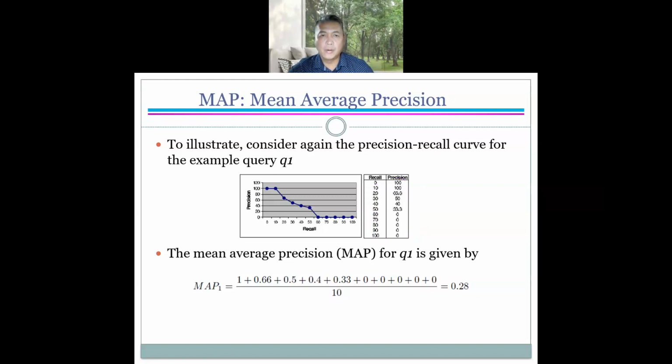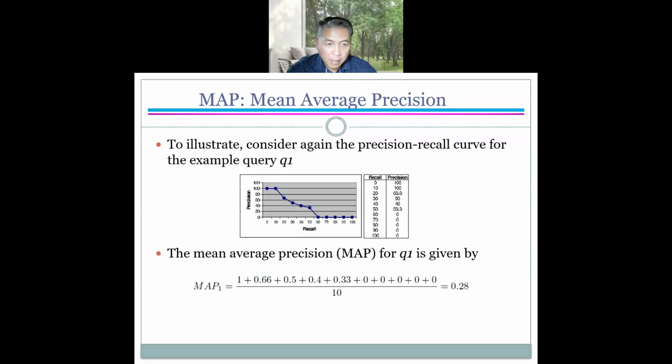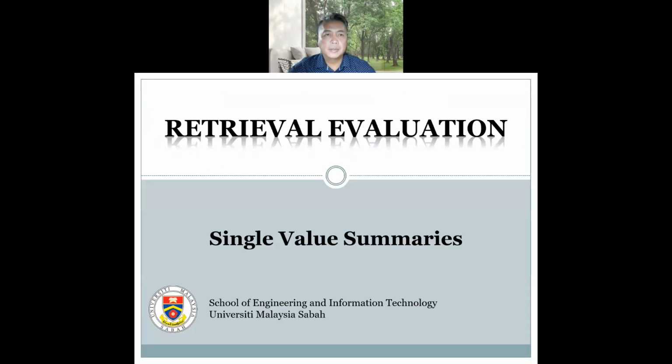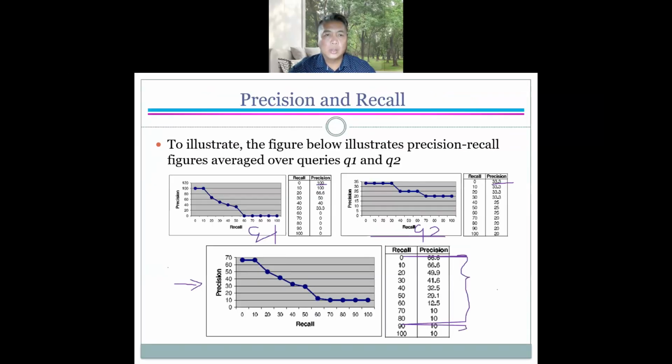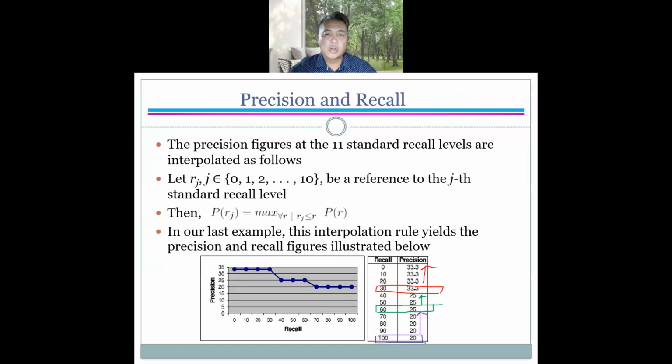Okay, for query 2, so if we have query 2, what you need to do is, in this query 2, how many relevant documents do you have here?